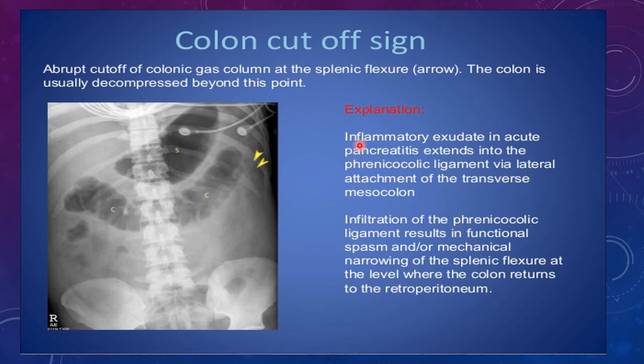This is due to inflammatory exudate in pancreatitis, which extends into the phrenocolic ligaments via the lateral attachments of the transverse colon. Because of that, the other parts of the colon become collapsed except the transverse colon. This so-called localized ileus or dilatation is known as the colonic cutoff sign, which is more or less diagnostic of acute pancreatitis.